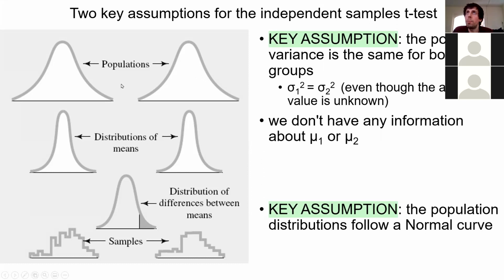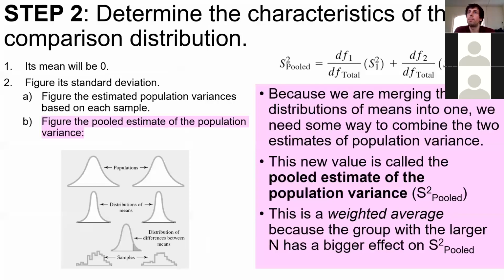And because we're assuming that our two populations have equal variance, all we need to compute is one variance term and simply say that it is the variance that is true of both of our populations. And that variance that is common across both populations is what we are calling the pooled variance estimate.